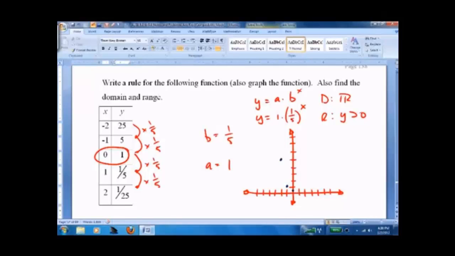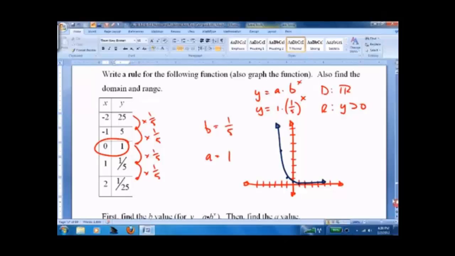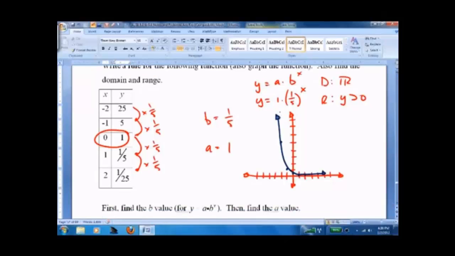And then these are going to be barely above the x-axis. Same looking graph. Exponential decay. Starts out great, and then it gets smaller and smaller very rapidly until the point that we can't even tell the difference.